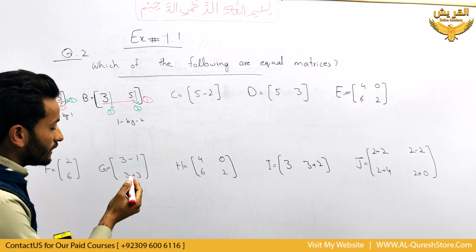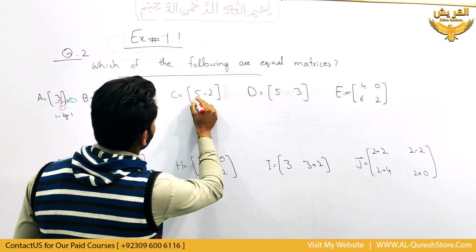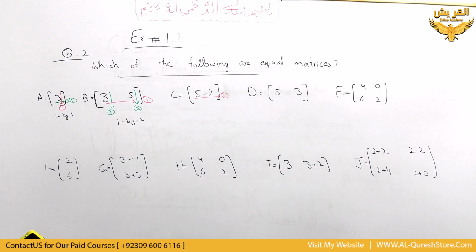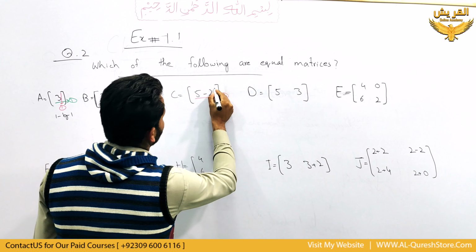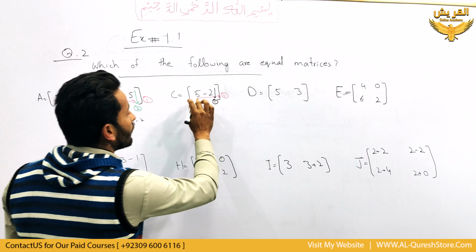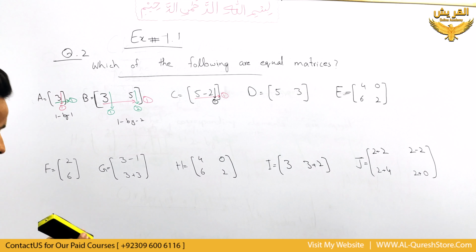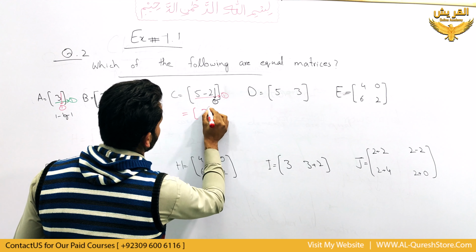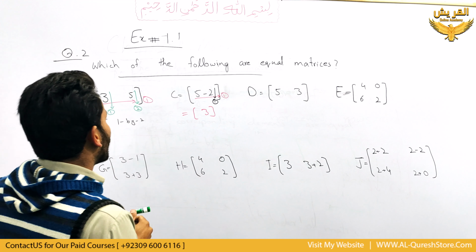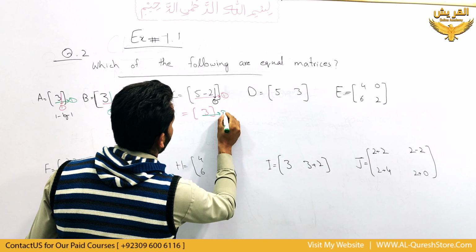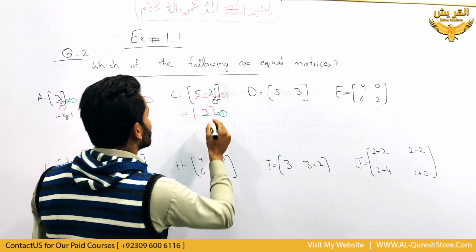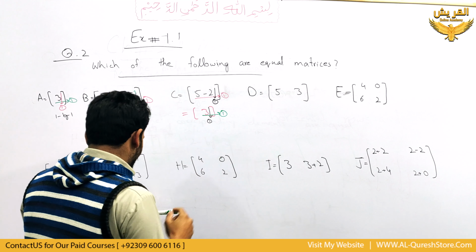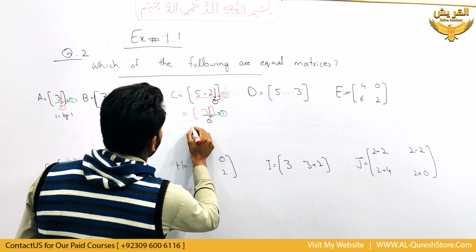Next one, it is equal to 5 minus 2. So the number of rows is 1, and the number of columns is also 1. 5 minus 2 is a single entry, which is equal to 3. Its order is 1 by 1.